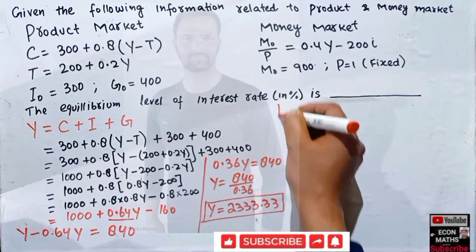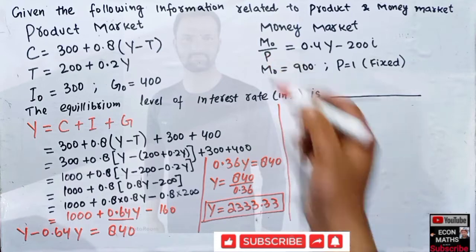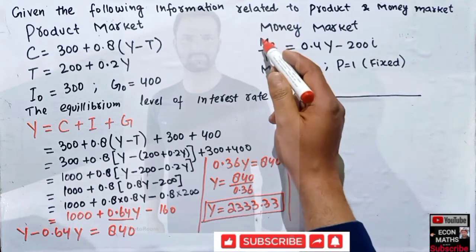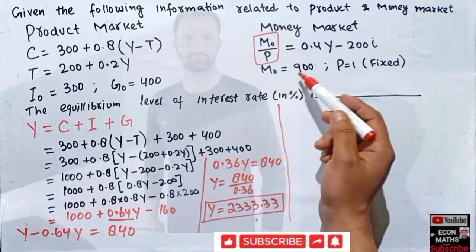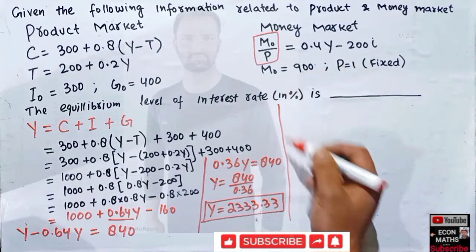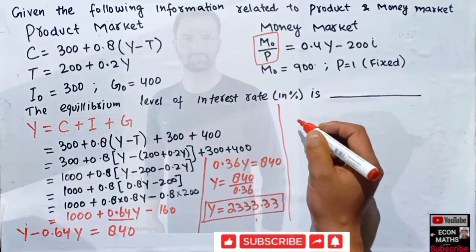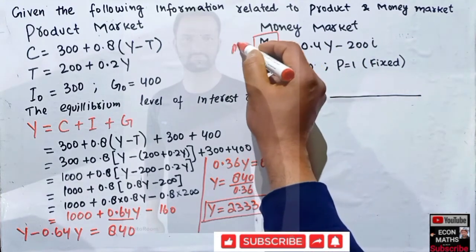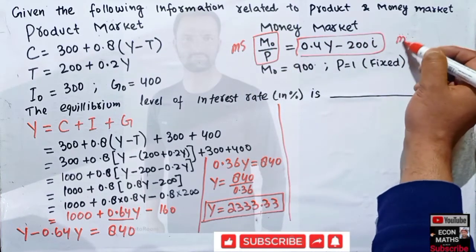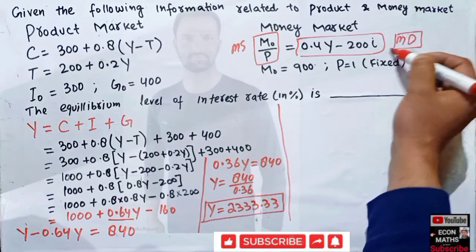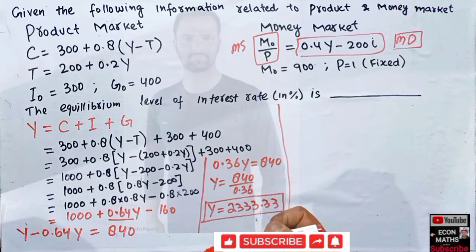But we need to find the equilibrium level of interest rate. Real money supply M naught upon P means we have 900 upon 1. In this case, money supply should be equal to money demand. This denotes our real money supply, and this denotes our money demand. Money market equilibrium requires that money supply be equal to money demand.